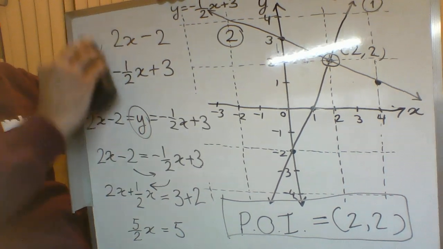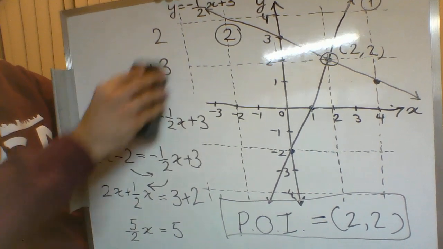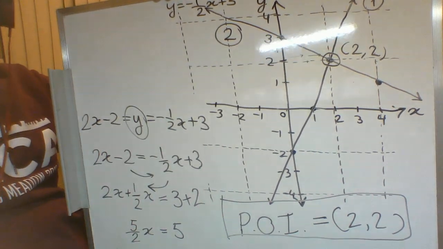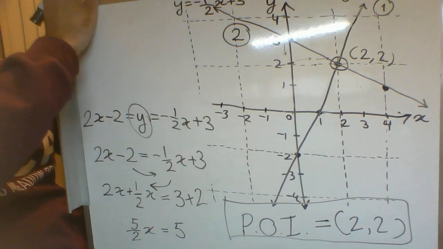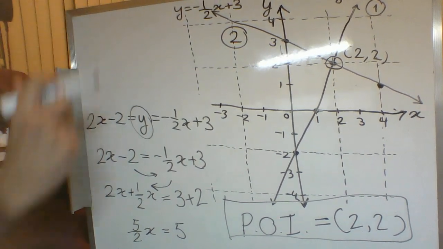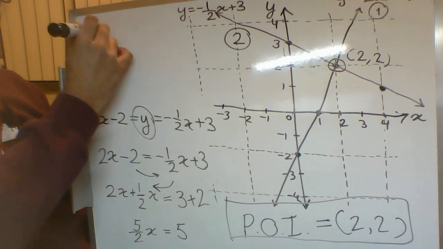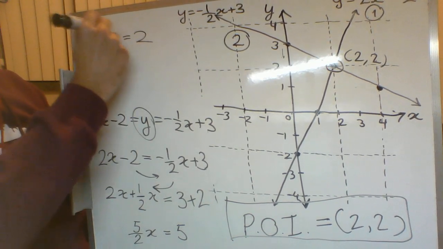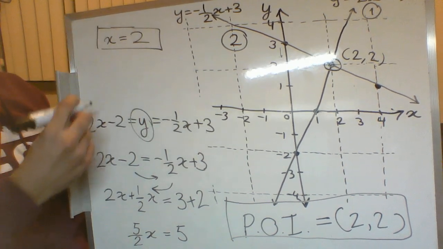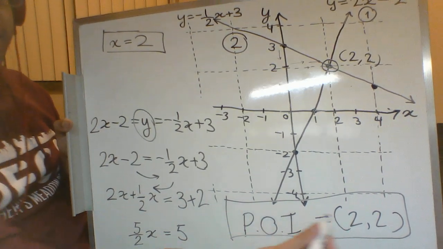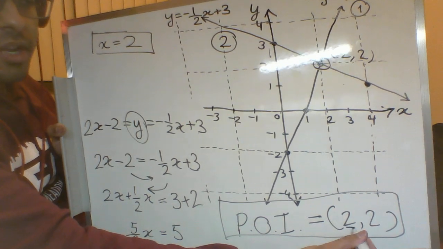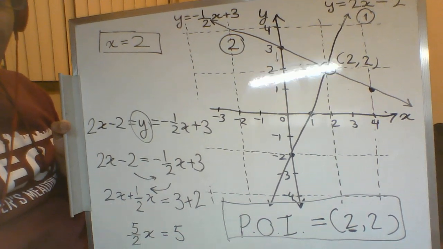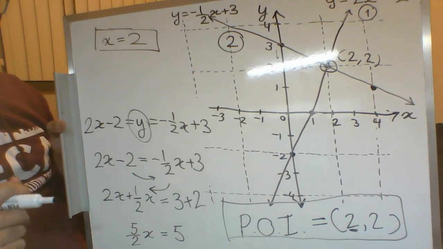And you can work it out. Hopefully it's not too hard to see, but if it is, try dividing both sides by 5 over 2, and you should get that x is equal to 2 when you do that. So that gives us the x-coordinate of the point of intersection, which makes sense because we've got this 2 over here. Now, how do we get the y value for the point of intersection?